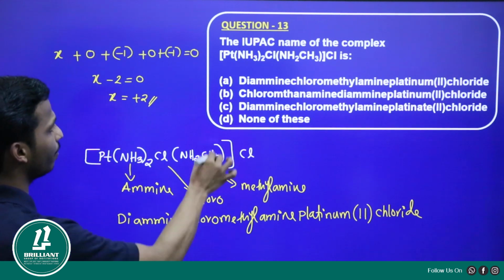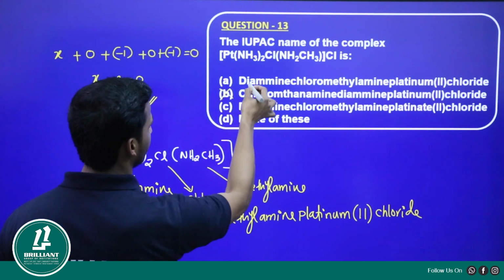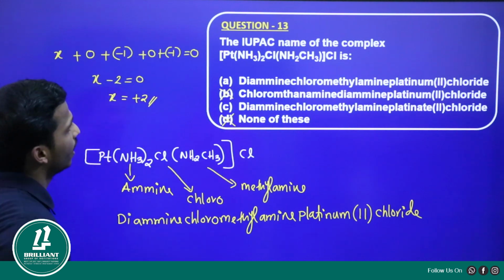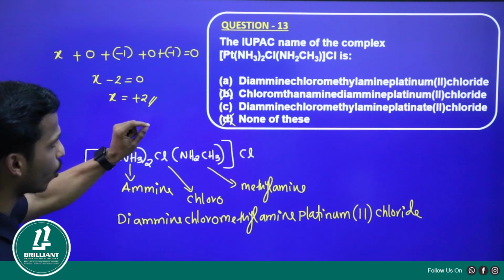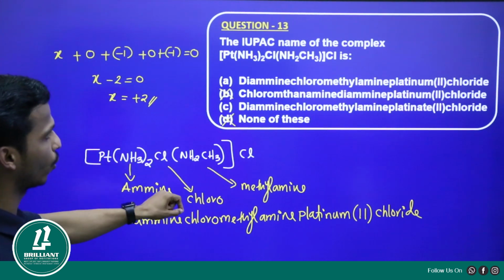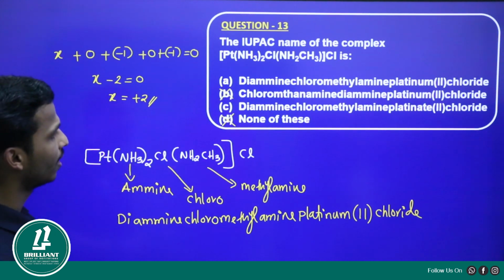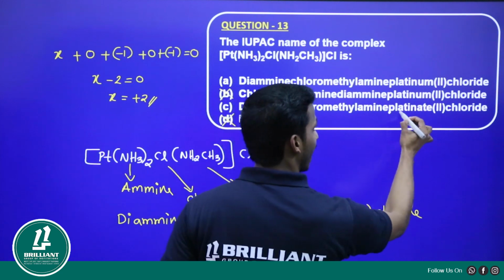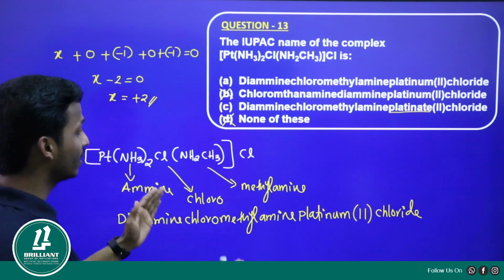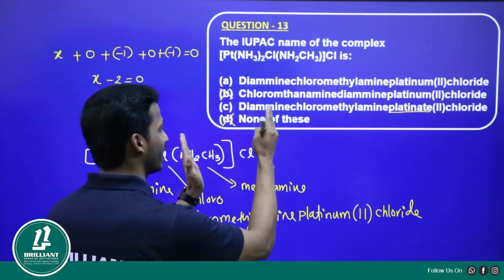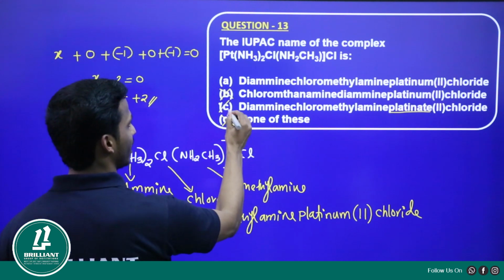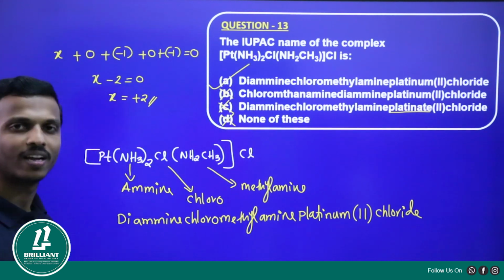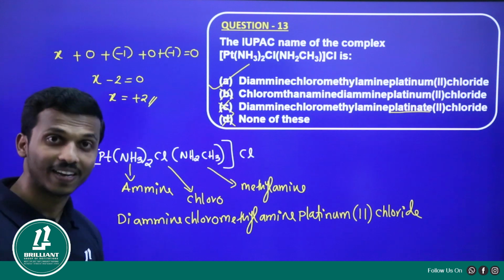Diamine starting, only two answers, option A and C. Diamine, chloro, methylamine, platinum. Don't use platinate. Platinate is used, student, when the coordination sphere is located in the anionic part. So this is not your answer. Option A will be the correct answer for this question.